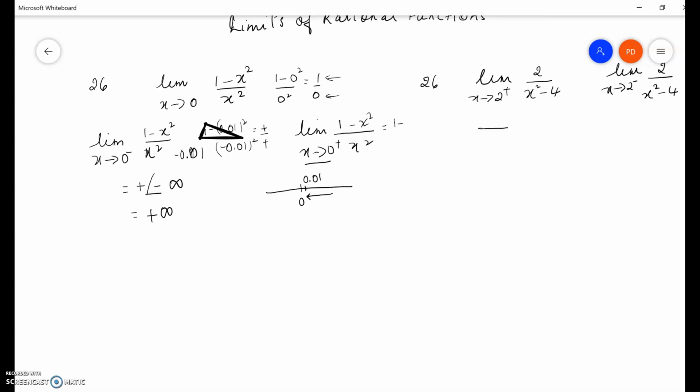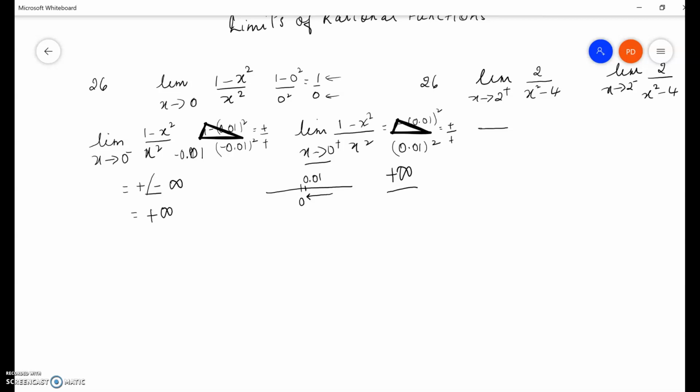So 1 minus positive 0.01 the whole squared, divided by 0.01 the whole squared. So the numerator is positive, the denominator is positive, so therefore we have a positive infinity. Remember, we already know it's an infinity, we're just trying to find the sign of the infinity.